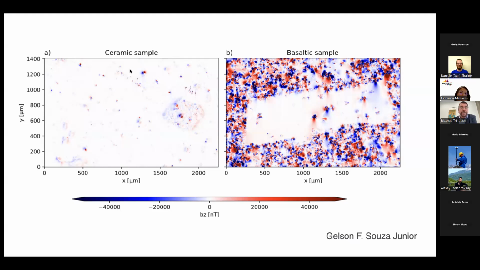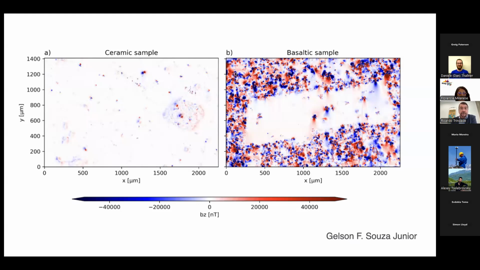In the case of the ceramics, we have much less magnetic particles, and we see this from the magnetic map, but those small dipoles show the presence of particles that are also in those small blobs here that are related to some heterogeneities in the ceramics, but also in the matrix of the ceramics.